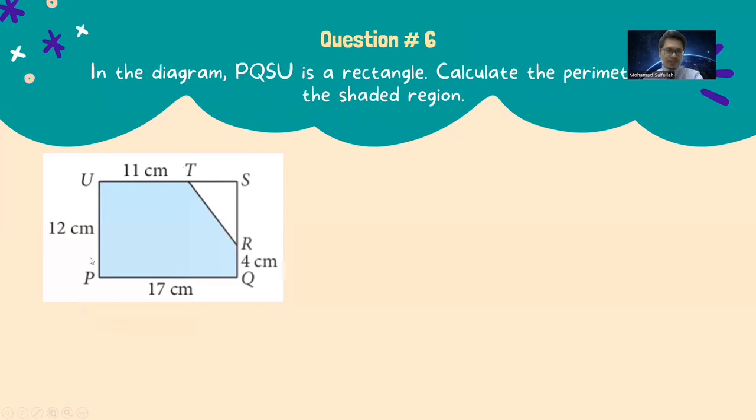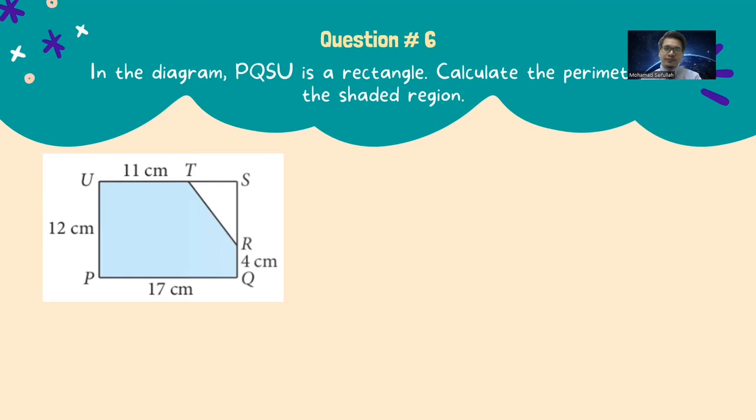As you can see here, this is the diagram of our problem. The question asks you to find the perimeter. The value of each side of the rectangle is already given, but you need to find the value of T and R.